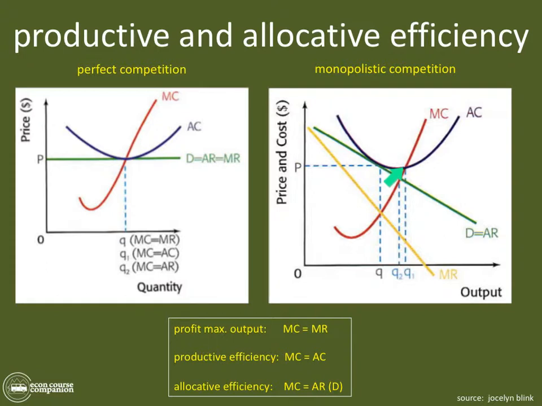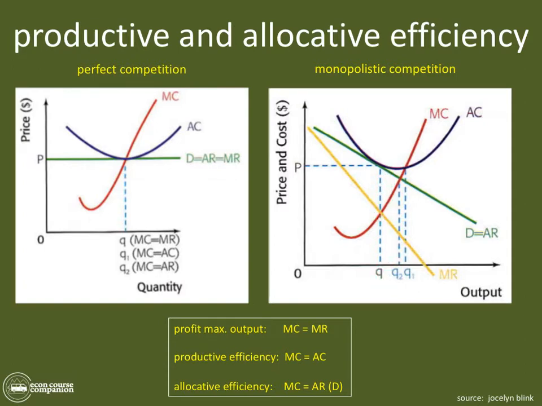And where MC crosses AC at its lowest point, this would be the productively efficient level of output for firms in monopolistic competition in the long run. What about allocative efficiency? Well, that's where MC equals AR, or the demand curve. So start with your marginal cost curve and go up to where, bam, the marginal cost curve crosses the average revenue curve, right there at this level of output.